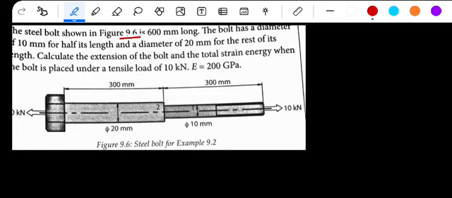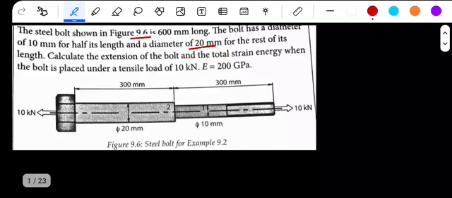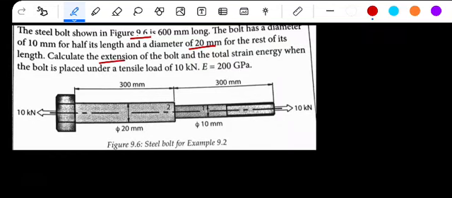The bolt has a diameter of 10 millimeter for half its length and a diameter of 20 millimeter for the rest of its length. Calculate the extension of the bolt and the total strain when the bolt is placed under a tensile load of 10 kilonewtons. Young's modulus of elasticity is 200 gigapascal.